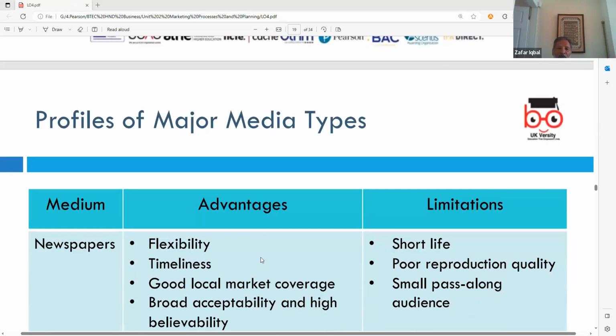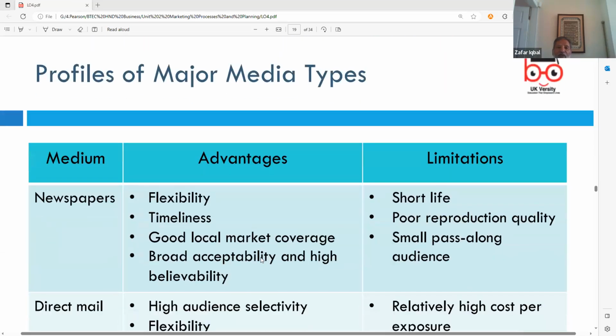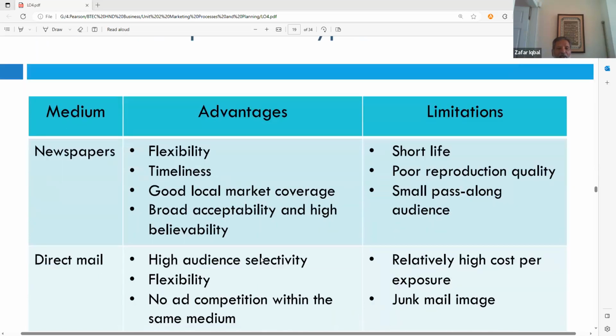Okay, you need to look at the media types. Are you going to advertise in newspapers? On TV? In magazines? What type of media are you going to be using? If you're going to be using newspapers, for example, what reach does it have? Is it a national newspaper? Is it a local newspaper? Do you need to advertise locally, nationally or internationally?